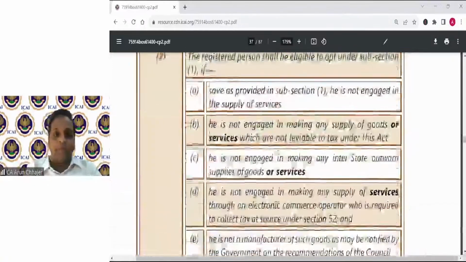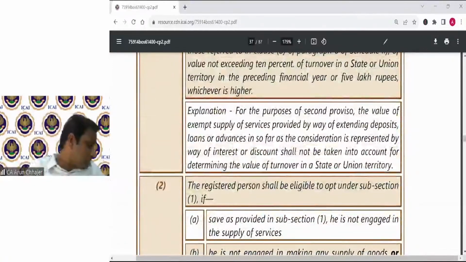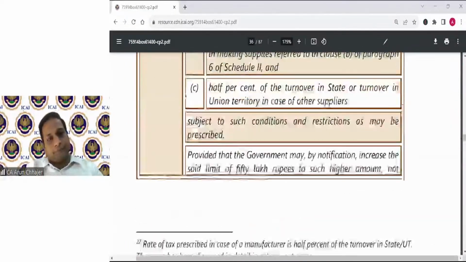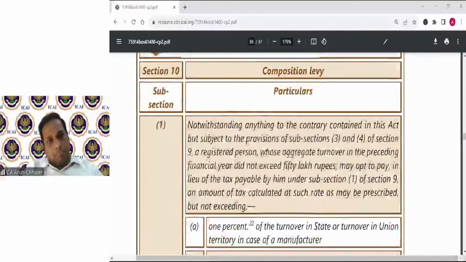Now, section 10, subsection 1, says that notwithstanding anything contained to the contrary in this Act, but subject to the provisions of 9(3) and 9(4).